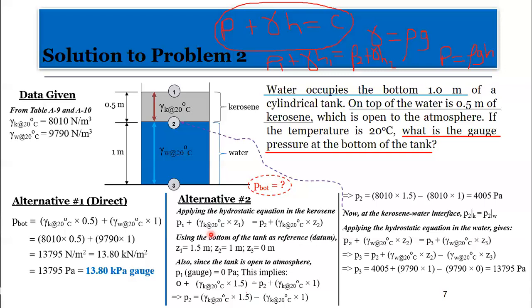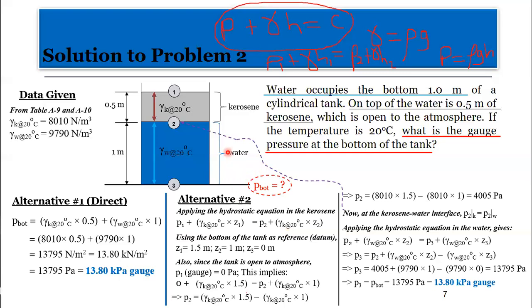I'll ask you to use the hydrostatic equation approach or the direct method. But if it's objective, of course, you go with the shorter technique. But if it's theory, then you do it the way I asked you to. Here, if we simplify, we end up having 13.80 kilopascal, like we did here. So that's it for problem 2.